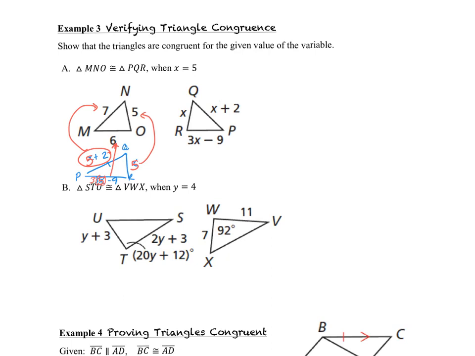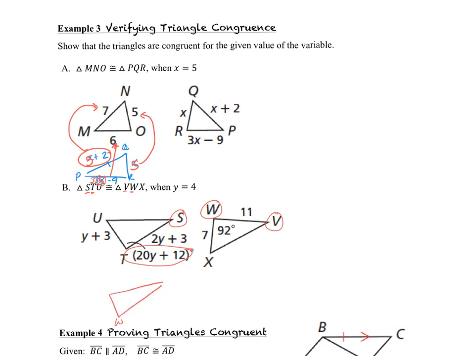Triangle STU is congruent to triangle VWX. So S is supposed to match V. If you look at the lineup right now, that's pretty close. Let's check: T is supposed to be with W. T is here, and W is up here. So it's sort of like a reflection. We would need to flip this triangle down if we want to line everything up.